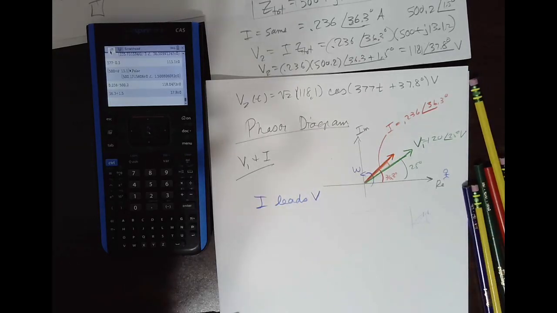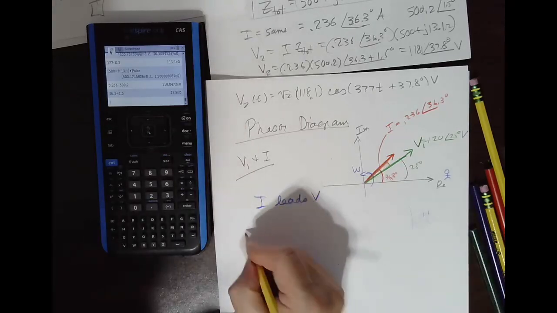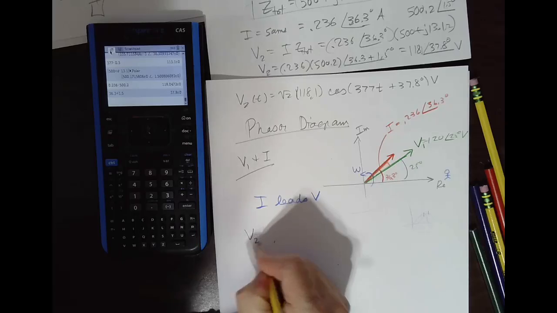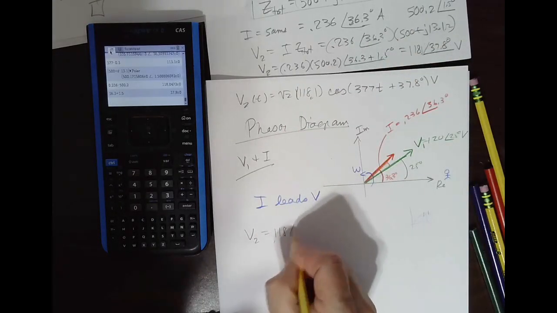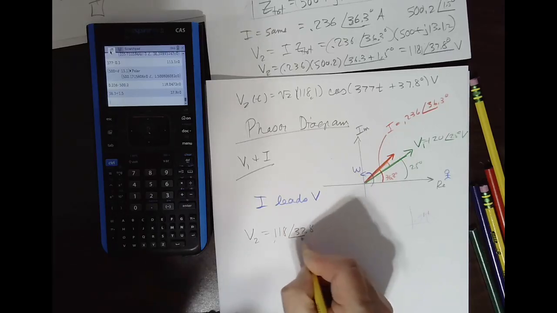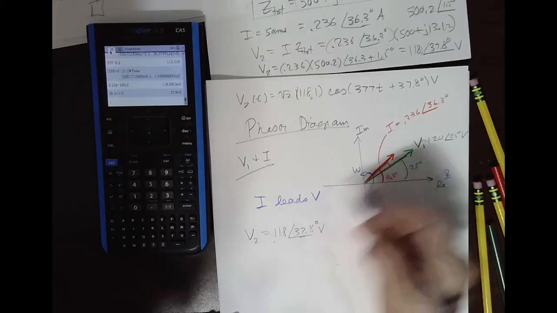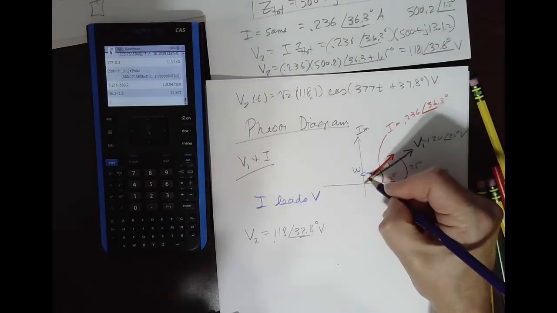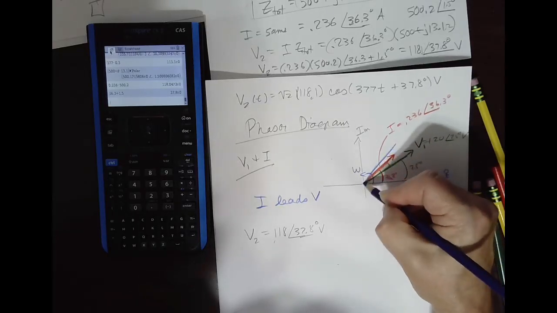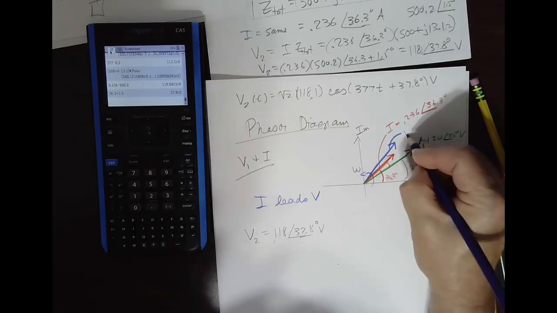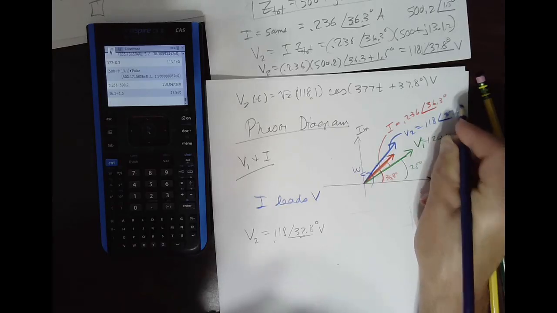This is a capacitive type circuit that would cause I to lead V. If we go to the inductor case, when we added in the inductor, we got a new V, which we call V2. V2 is 118 at an angle of 37.8 degrees. It is in scale with this, but it's a little bit smaller and its angle is a little bit bigger. So let's say this is V2, 118, angle 37.8 degrees.